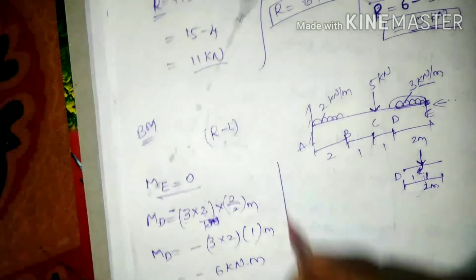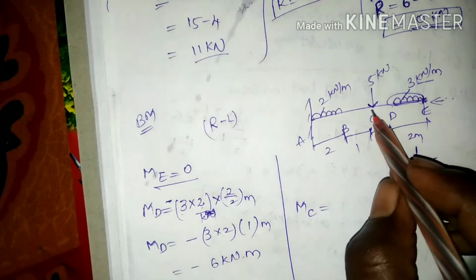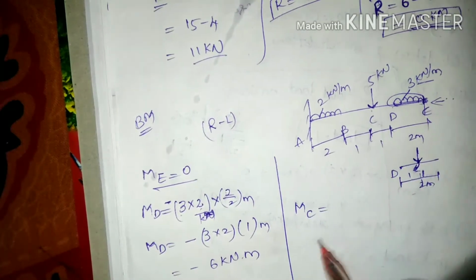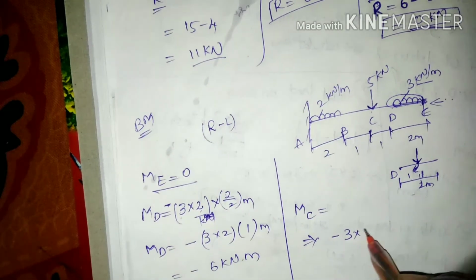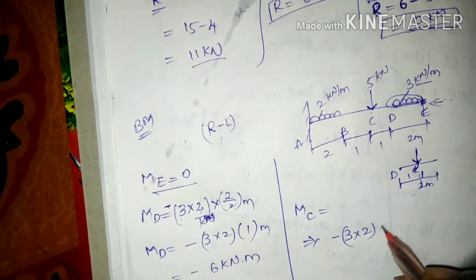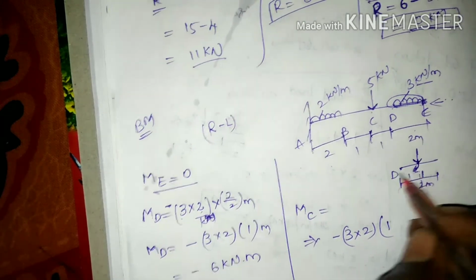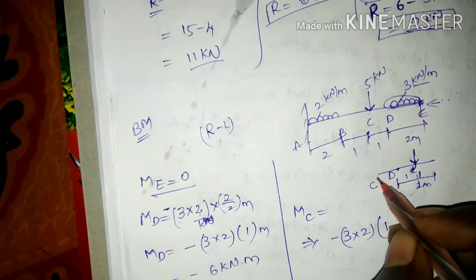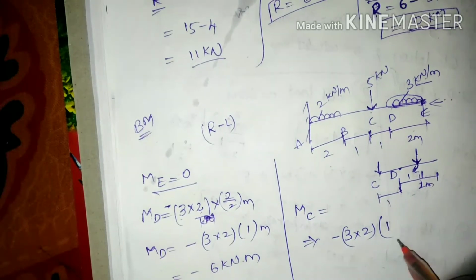And next, moment about C. Taking the moment about C from E, that is equal to minus 3 into 2, which is converting the UDL to the point load. Thereafter, taking the moment from the midspan, that is 1 up to C. Up to C, we have a distance of 1.